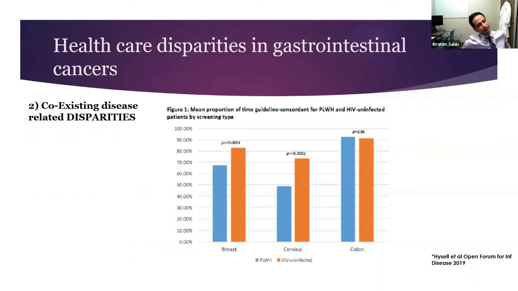This is a study by Heisel et al., published in Open Forum for Infectious Diseases. As we see, in HIV-infected populations, screening for breast cancer and cervical cancer is a lot lower than for the patient population without HIV disease. This is quite similar for colorectal cancer, so that is actually good.